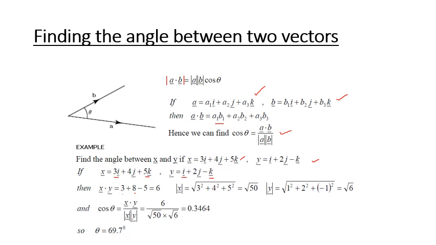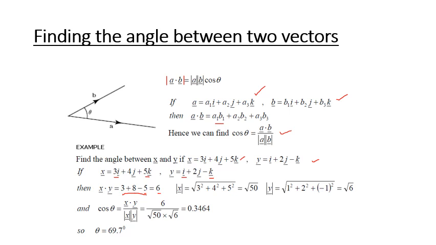The product is 5 into minus 1, so minus 5, and k dot k becomes 1. So what will be the answer? 3 plus 8 minus 5 equals 6. So this is your x dot y, your dot product value is 6.